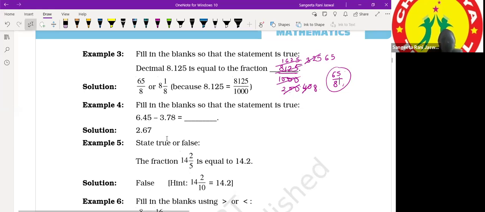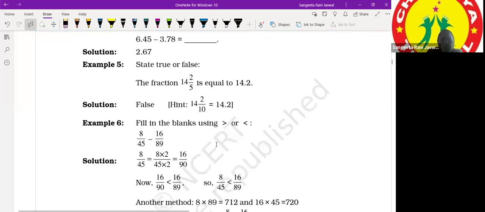We won't take much time in this. 6.245 minus 3.78. Okay, now see this one.